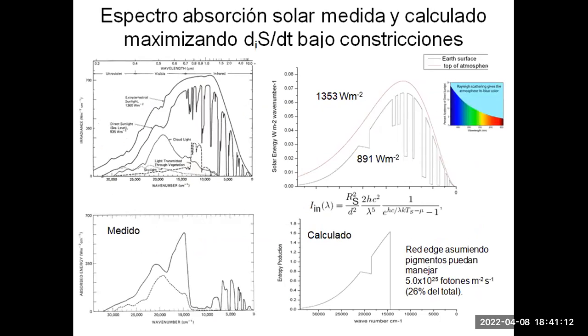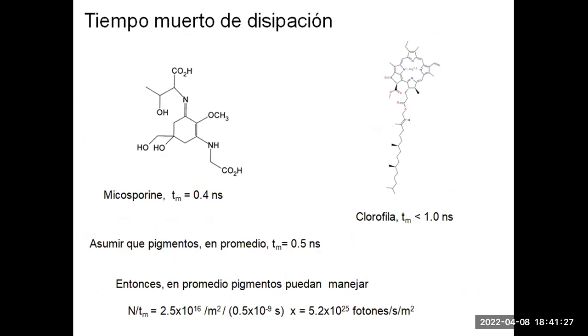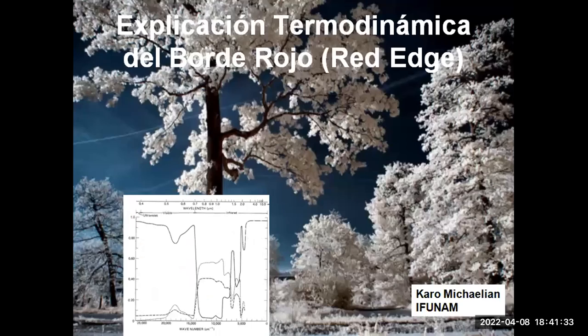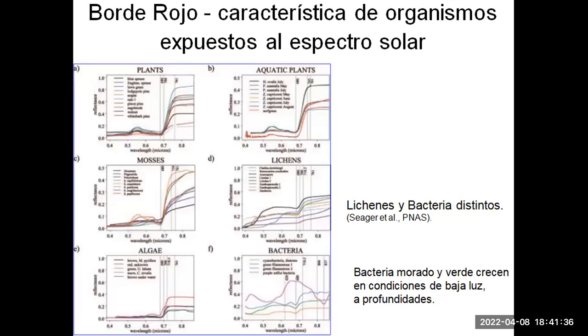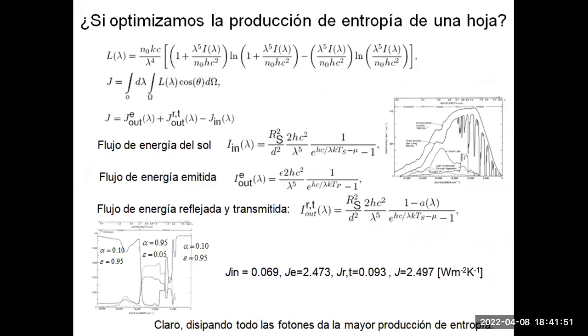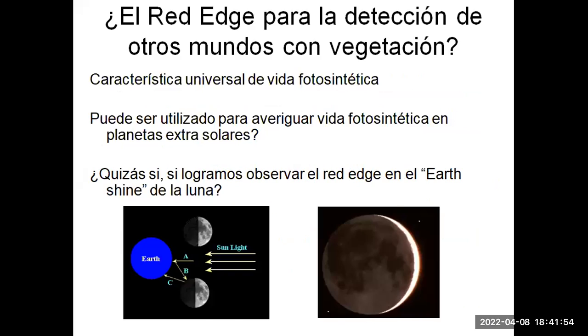And now that we know that it is entropy production, given the finite limits of size and lifetime, we can now explain why those organisms which live at the forest floor, which are receiving very little light, like these lichens, don't have such a well-defined red edge like the others. Because these are not receiving the full photon spectrum, they can produce pigments which absorb more towards the infrared to still increase entropy production.